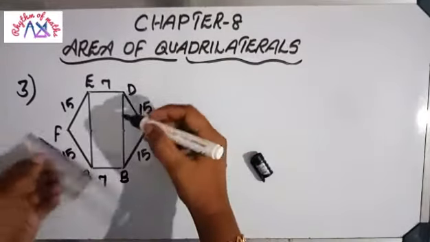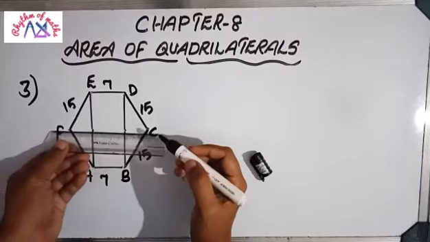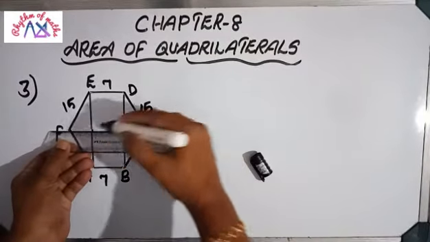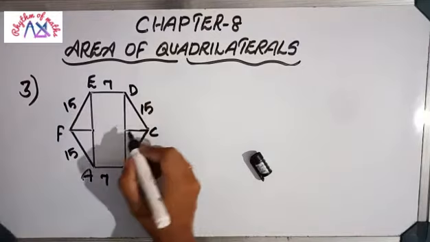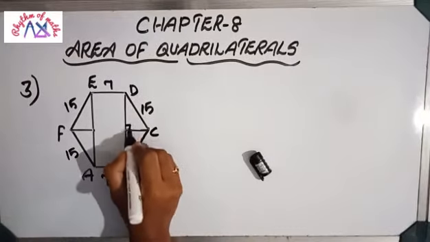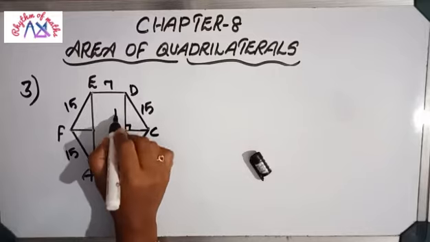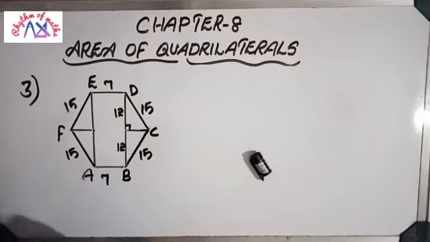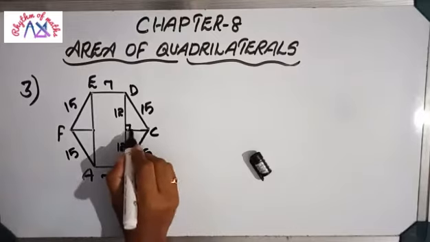Here the base we know, that is 24, and isosceles means the perpendicular line will divide the base into equal halves. That means a right triangle we will get here, and this total 24 will divide into 12 and 12. Now we need to find this portion.